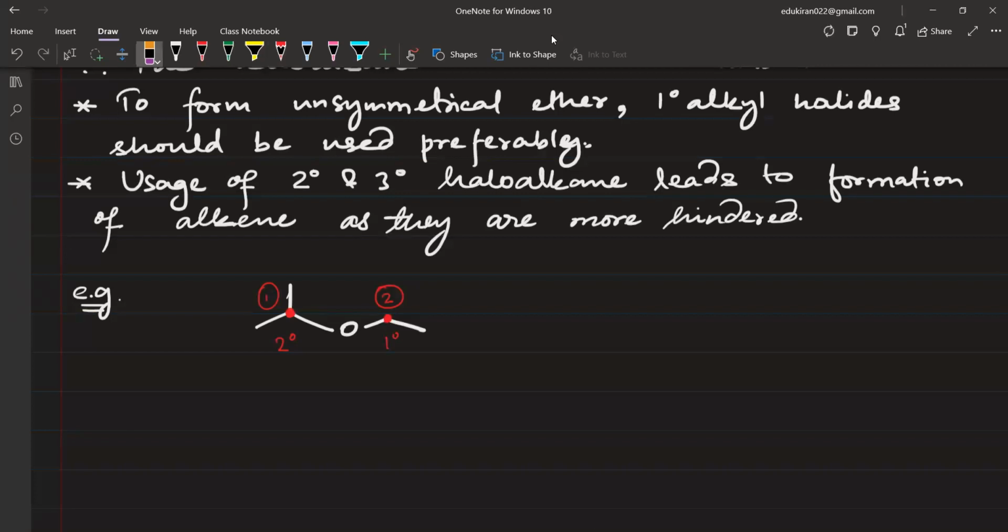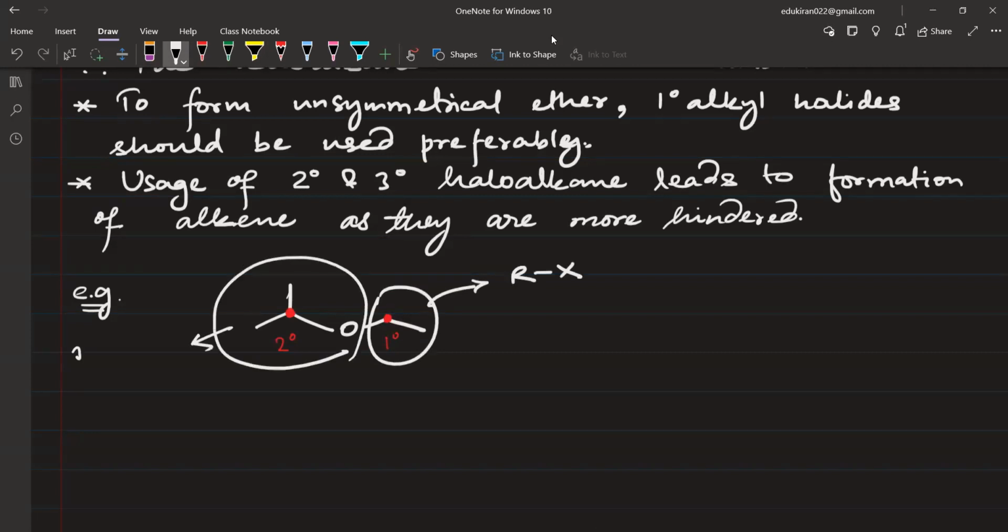Okay. So this is the first thing that you are going to do. You are going to identify the degree of the alpha carbons. Now, as soon as you see a 1 degree, this will be coming from RX, right? And this portion will be coming from alkoxide, RONa. Correct, guys? Yes or no? That's what is written here: to form unsymmetrical ether, 1 degree alkyl halides should be used preferably.